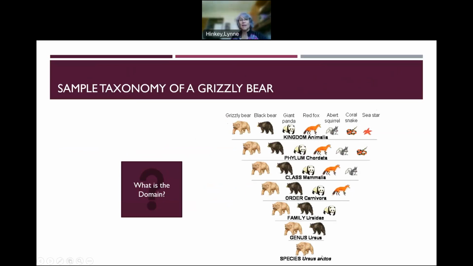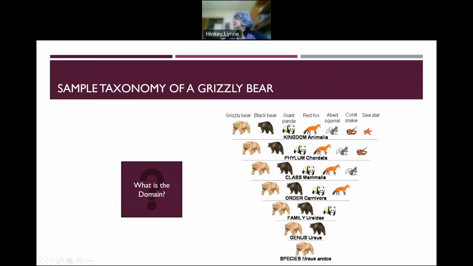So a species name can be reused, just like there can be lots of Lins, there can be lots of organisms with the same species name. We'll see the species name aureus, it means gold. We use that species name for a lot of organisms that are yellow in color. So I don't know what aureus I'm talking about unless I connect it to the genus. So here I don't know what arctos I'm talking about unless I connect it to a genus.